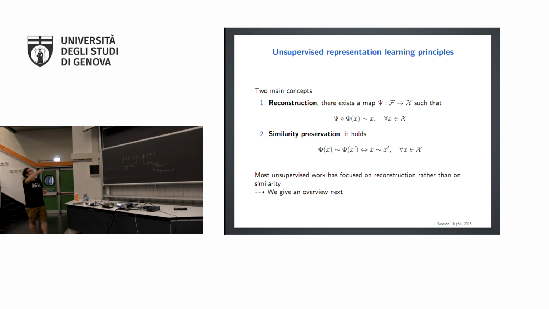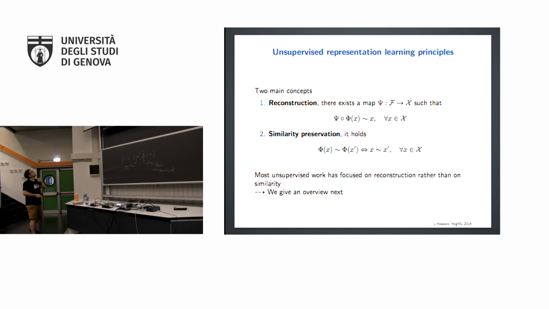So we call a reconstruction a map that now goes from the feature space back to the original space, so that now you can compose. This is just the composition. You take the data, you represent them, you get a feature representation, then you go back, you're in the original space, and then you check how far you are. We still haven't introduced the notion that this has to be compact, but this is what allows us to talk about reconstruction.